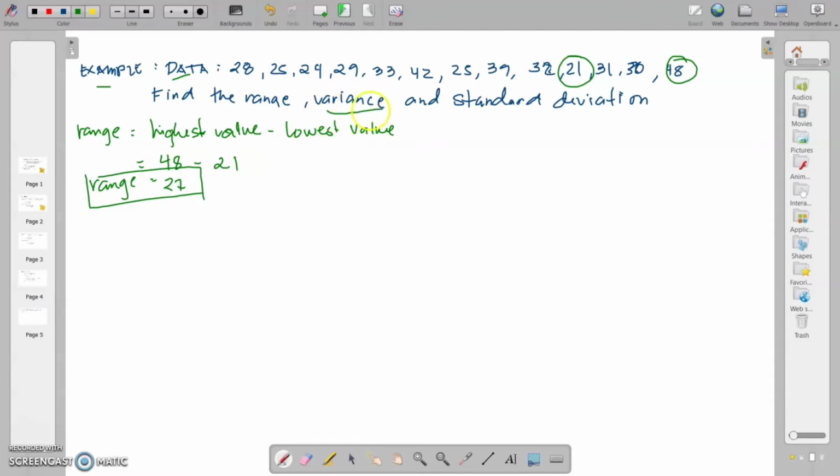Next is the variance and standard deviation. We make a table.